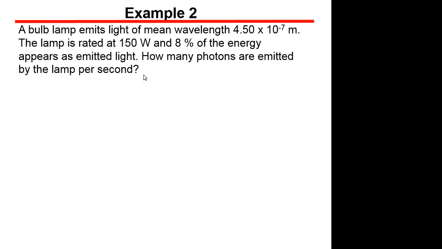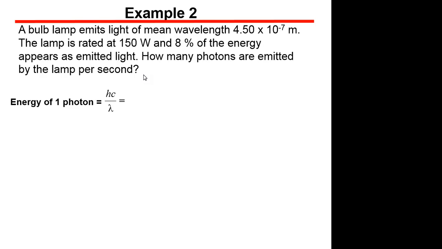So what do you see? What is one way to do it? If you know what Planck and Einstein suggested, the energy of a photon is E equals hf. But you don't have the frequency, so you find it through the wavelength of the light, using v equals f lambda.